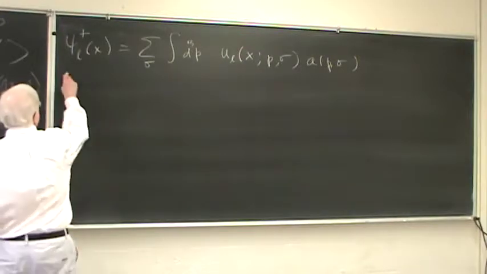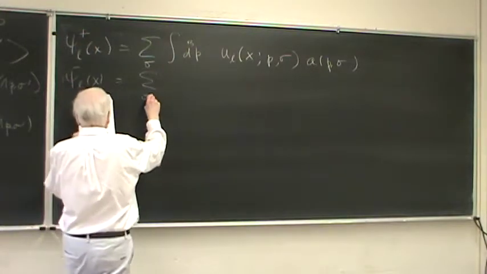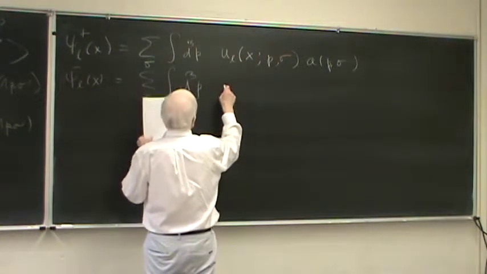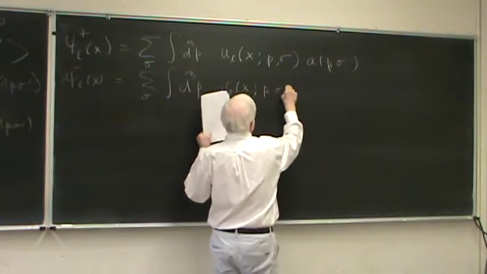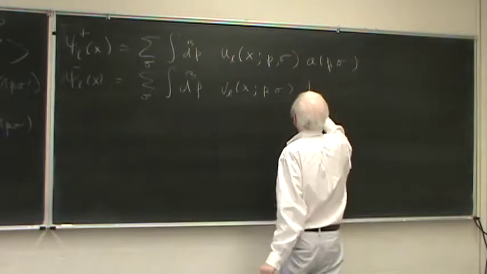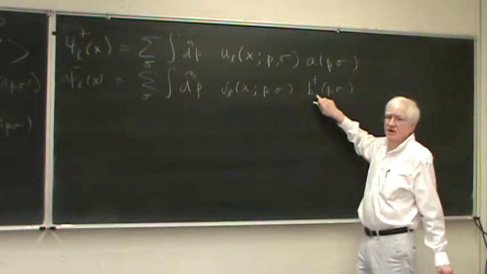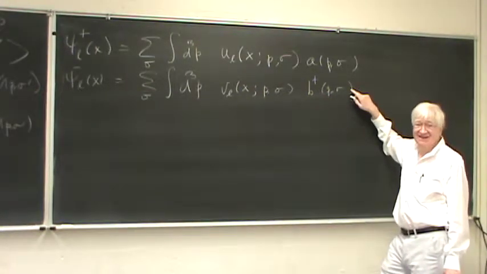The negative frequency part of the field is then a sum on sigma, integral d³p, v_l of x semicolon p sigma, and I'm going to put a different. See, Weinberg just keeps a, but he has this x index n.